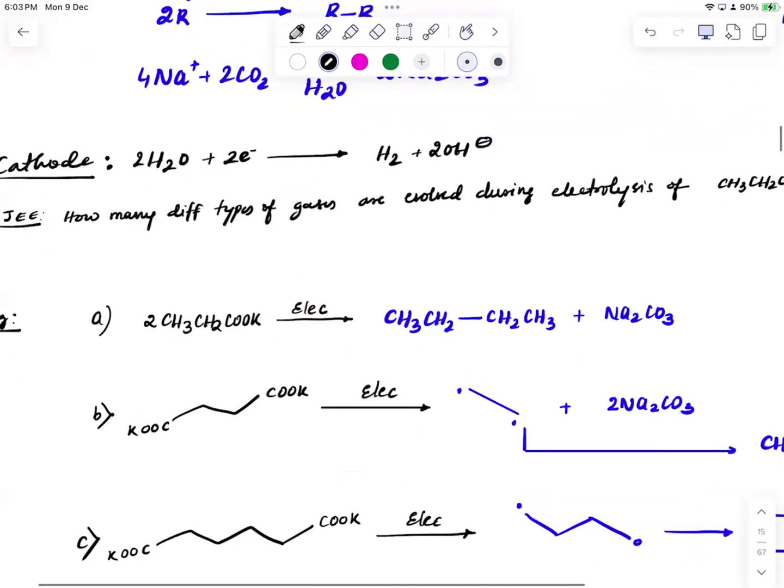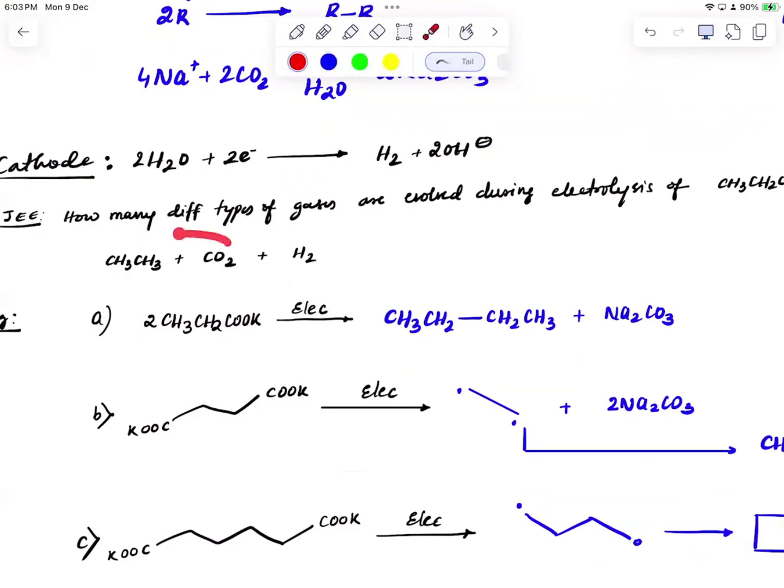Now you know that at anode that will convert into C2H6 gas as well as some amount of carbon dioxide gas, and H2 gas comes at cathode. So how many types? Three types of gases are formed.